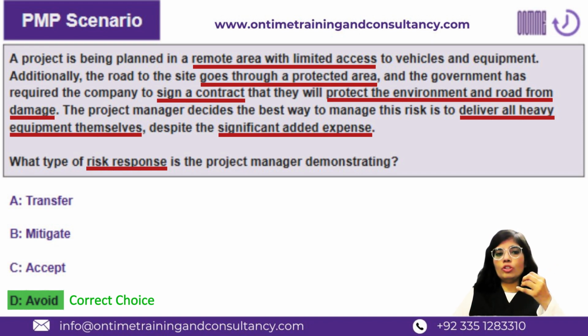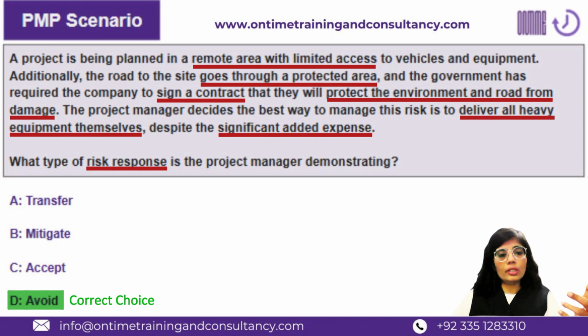He is making sure that no quality, resource, compliance, regulatory, or any other type of constraints come in his way to jeopardize the project. So he's avoiding the risk. He's clearly avoiding the risk.